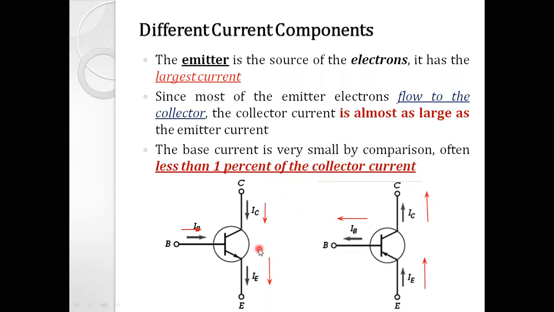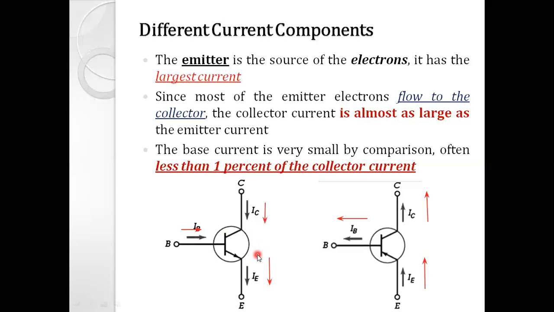Because from the area as well as the doping point of view, the base region is small, so the current corresponding to the base terminal is always less, approximately 1% of the collector current. So out of these three currents, the emitter current is the highest and the base current is the lowest, and the magnitude of the collector current is near about the emitter current, but not exactly the same.